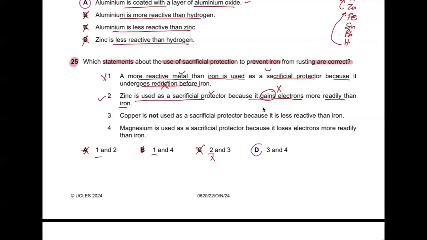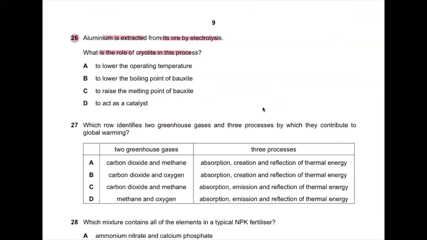No, because there is no need to turn it into gas, so B goes wrong. To raise the melting point? No, it actually lowers the melting point of bauxite, so it turns into a liquid at a lower temperature, and that's why we are able to operate at a lower temperature. To act as a catalyst? Not at all, so D is also wrong. So we are only left with option A, which is correct.